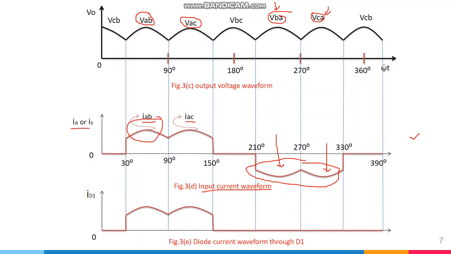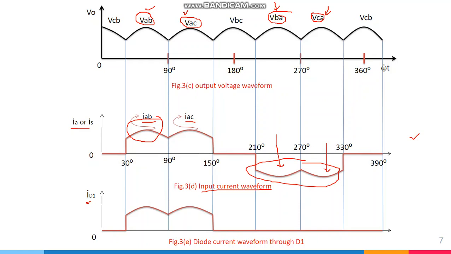And if I look at the current waveform through diode ID1, because it was connected to phase A, this diode was operating only when phase A was at its maximum positive value. So the diode is operating during these VAB and VAC when phase A is at its maximum positive value.